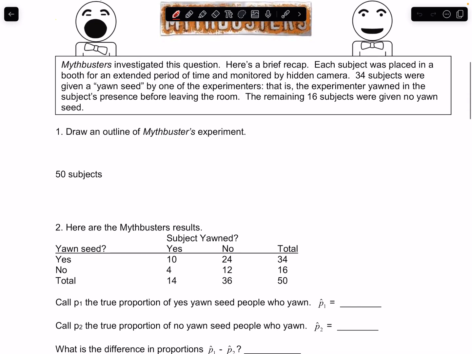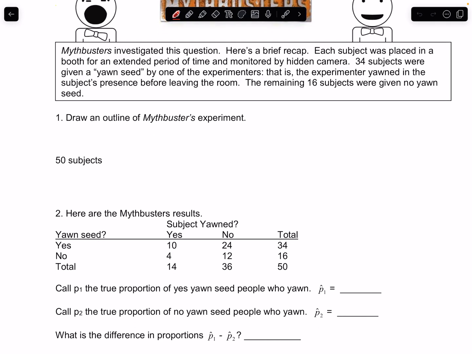So number one, draw an outline of this Mythbusters experiment, and I kind of get you started here. So first we have our 50 subjects, which then goes into random assignment. So they get randomly assigned into two groups, Group 1 and Group 2. Our Group 1 was the 34 subjects, and Group 2 was the 16.